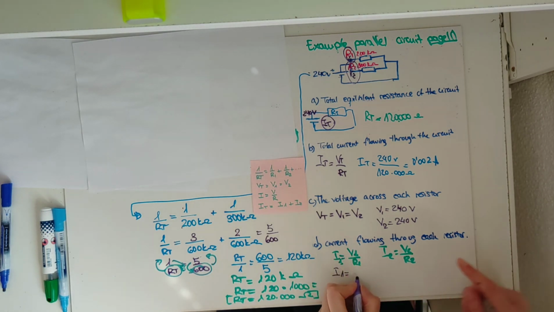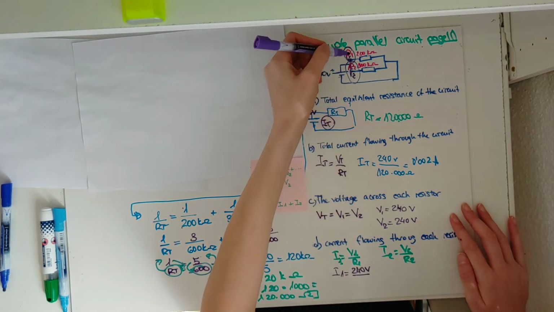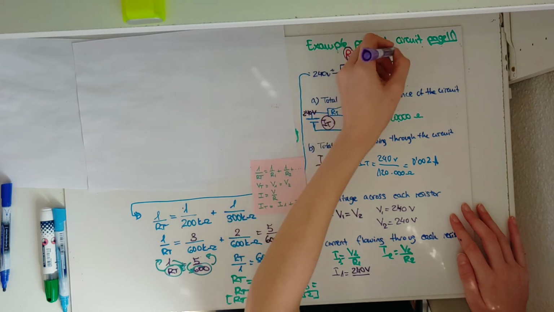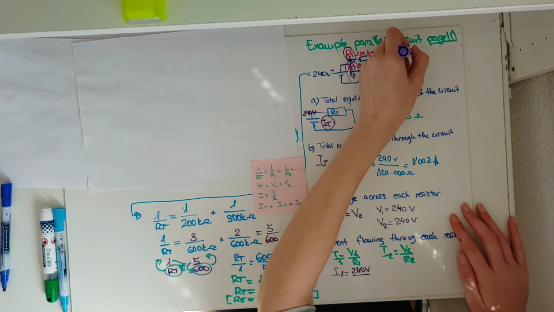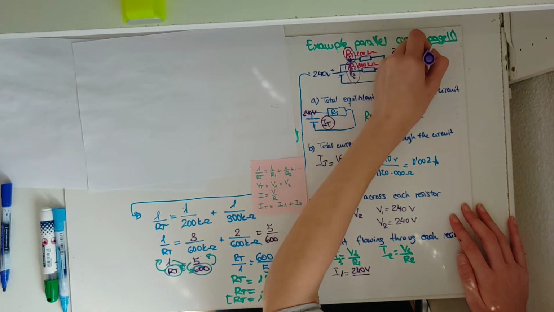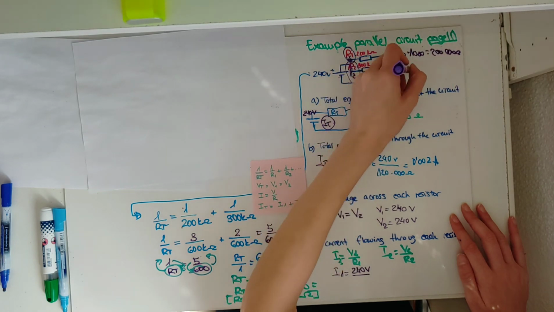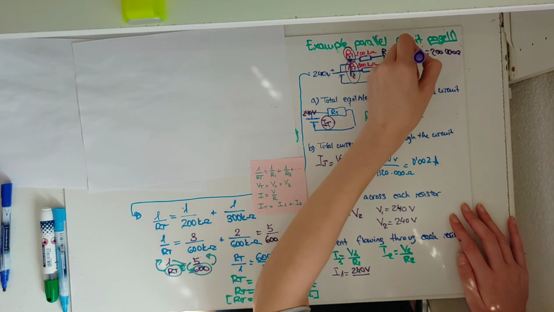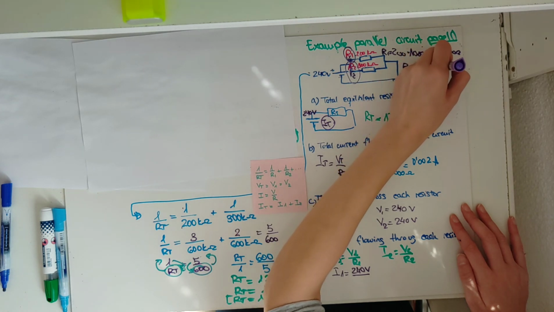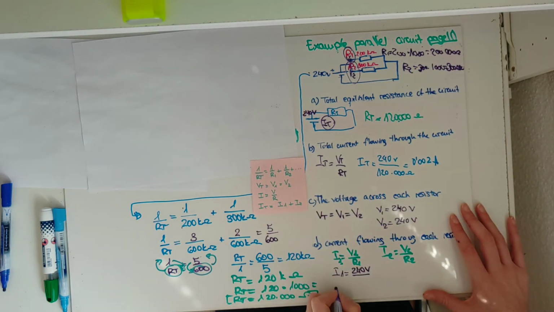The voltage is 240 volts divided by R1, but I have to convert into ohms. 200 multiplied by 1,000, 200,000 ohms. And for the second, 300 multiplied by 1,000, 300,000 ohms.